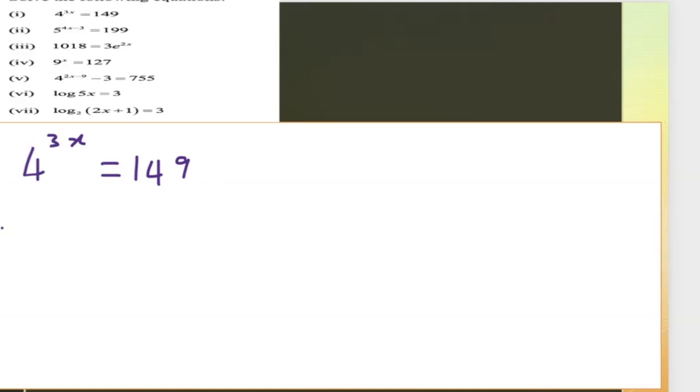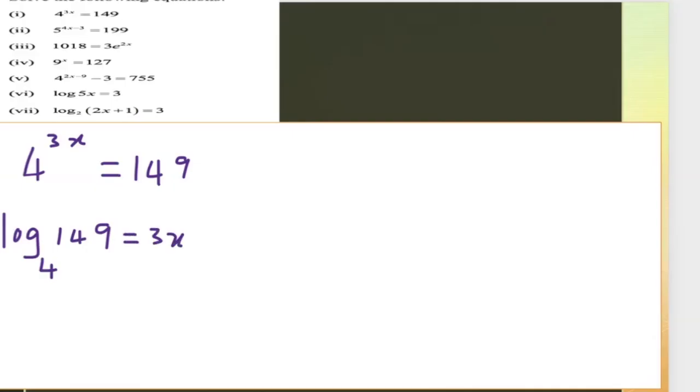The first step is to rewrite it into log form. So the base is 4. The 149 goes beside the log, and then it's equal to 3x.